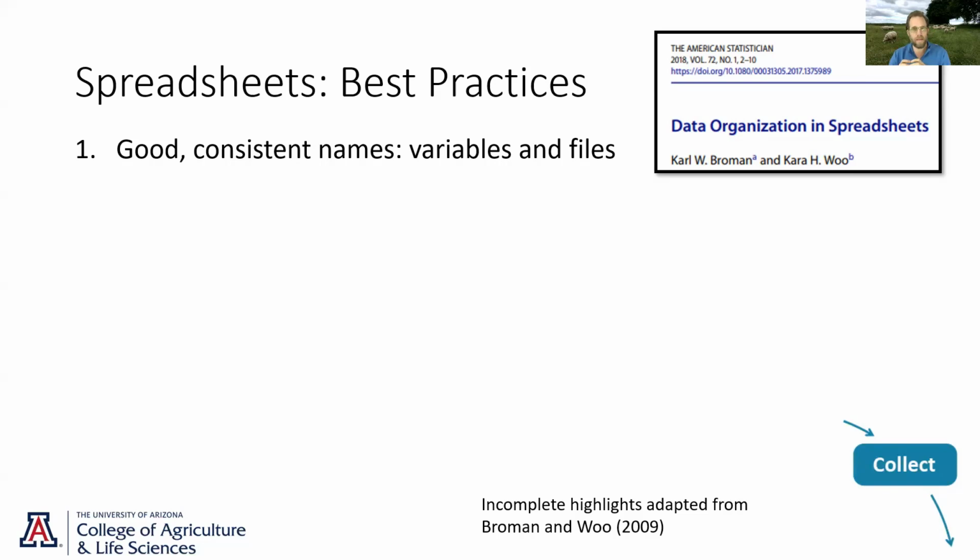So if you have the name of a species and in one year it's an abbreviation, and another year it's written out with a space in it, another year it's letters capitalized or not, those are all understood by a computer as being different entities, and it's hard for the computer, and in many cases even the human, to easily be certain that these variables mean the same thing if their names are inconsistent.